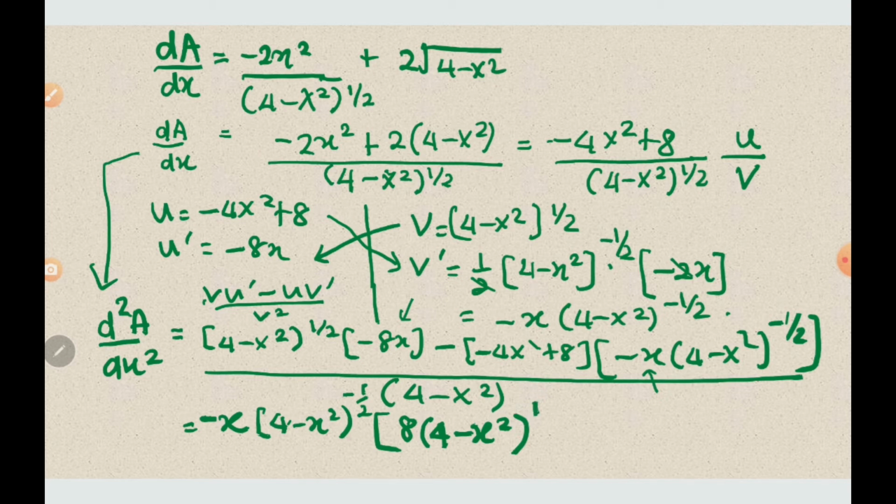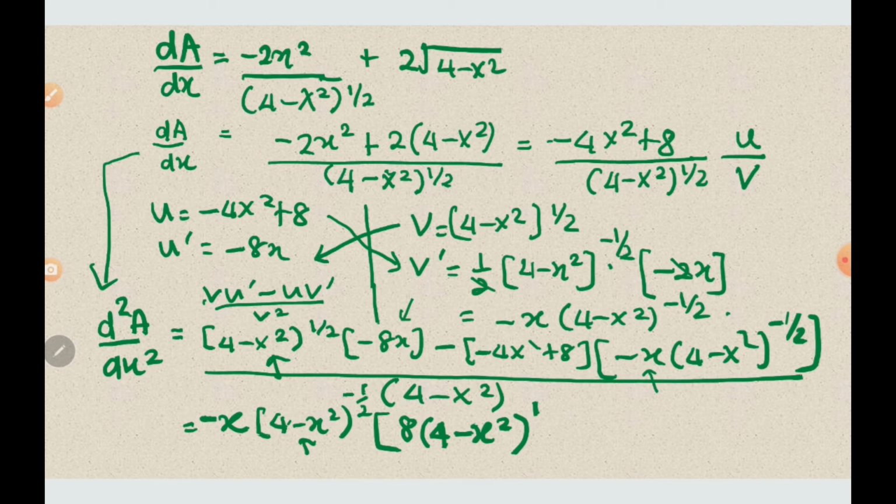So if you multiply again with (4 - x²) to the power of -1/2, you will get back this term, that is (4 - x²) to the power of 1/2, because 1/2 minus 1/2 equals to 1/2.